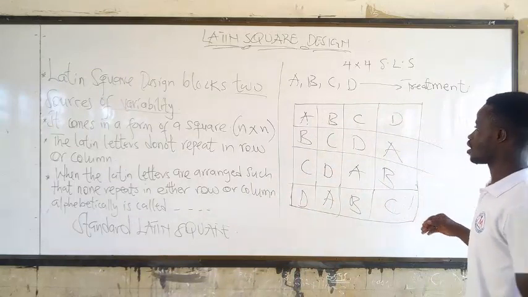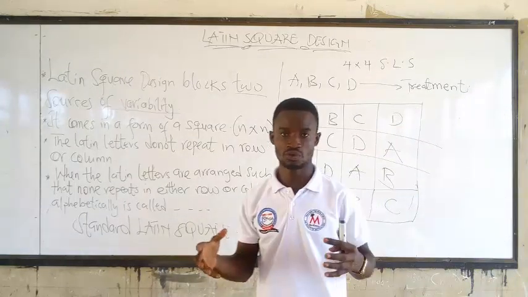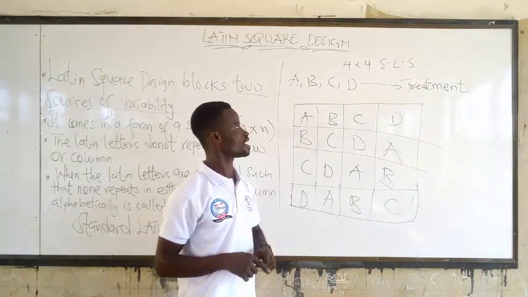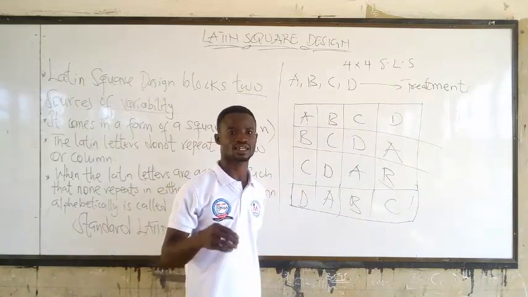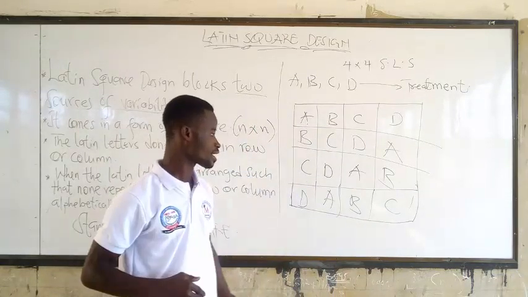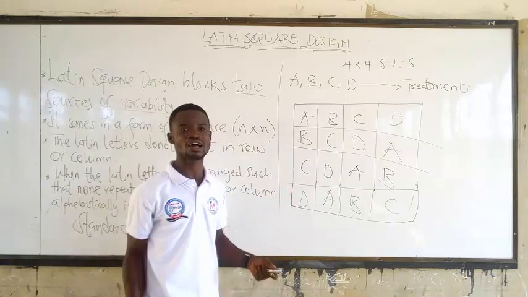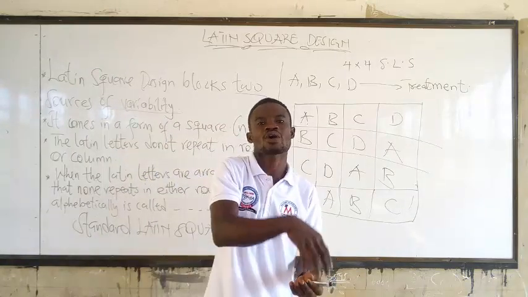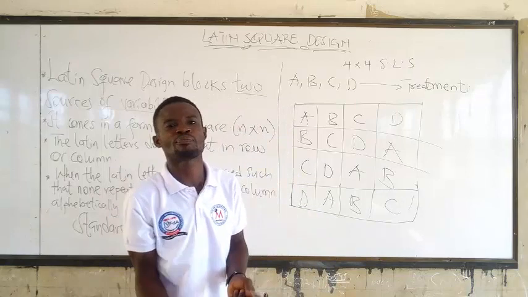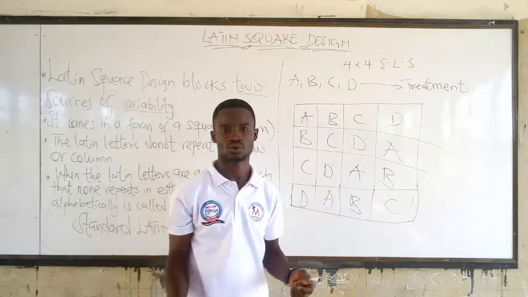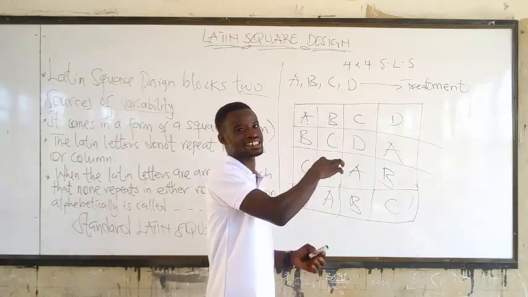That's what we mean by saying that a Latin square is a standardized Latin square. Now, with this same table, we have to construct another table which is depicting this table.